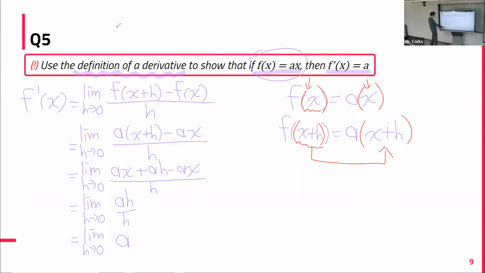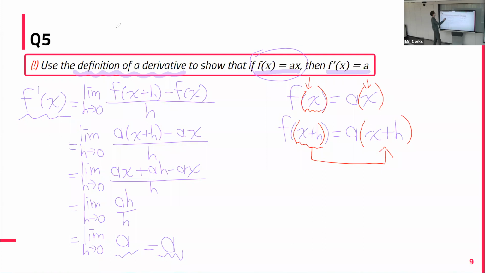We substitute h equals 0 into this, but this is the easiest version. There's no h there, so the limit has no effect. It's just a. So f prime of x is a, and we have proved that.